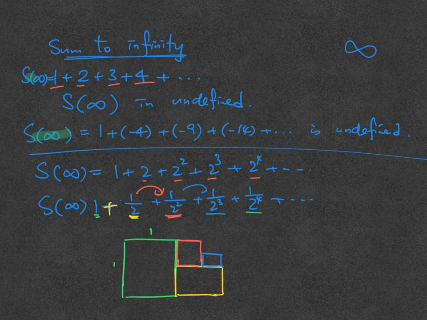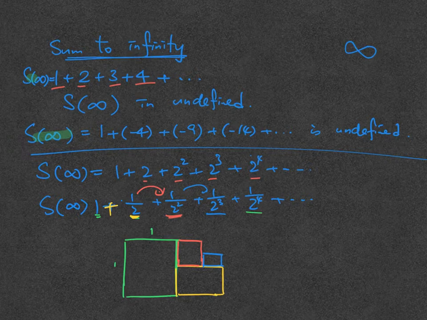Next green, 1 over 2 to the power 4, half of the previous one. Next one, maybe I don't change color, I keep on using yellow. Half of the previous one, half of the previous one, half of the previous one. Can you make a guess what the answer should be? You will see that the figure is approaching a certain figure, which is, yes, a rectangle.